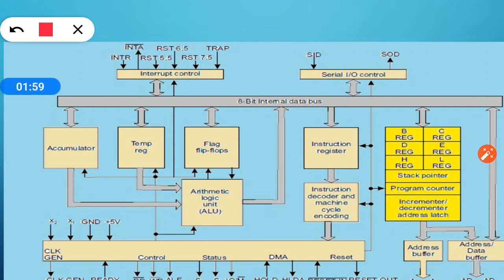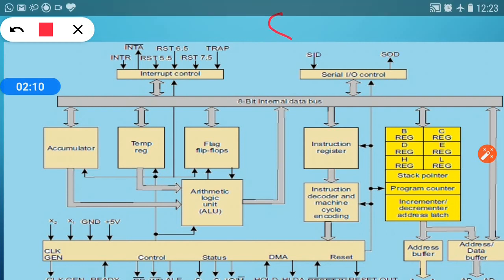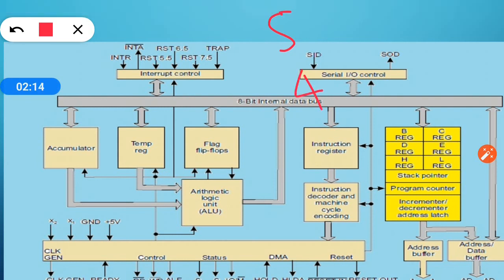Without that we can't go for addition or subtraction or any kind of arithmetic or logical operation. So suppose I am taking two numbers for addition, 5 and 4. We will take this example to see how the addition of these two numbers is performed by the arithmetic and logic unit.